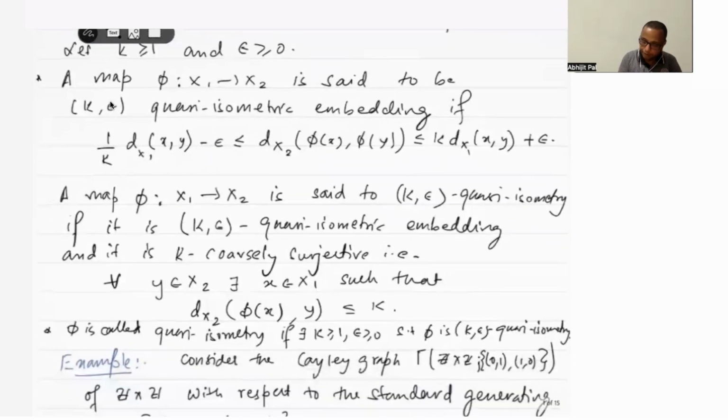A map phi from X1 to X2 is said to be a (k, epsilon) quasi-isometry if this map phi is a (k, epsilon) quasi-isometric embedding, and in addition, it is k-coarsely surjective. That is, if I take any element y from the codomain space X2, there exists a point x in the domain space X1 such that the distance between phi x and y is less than or equal to k.